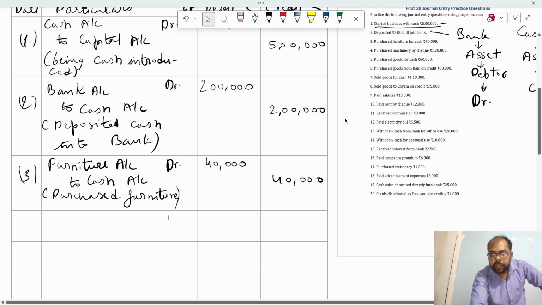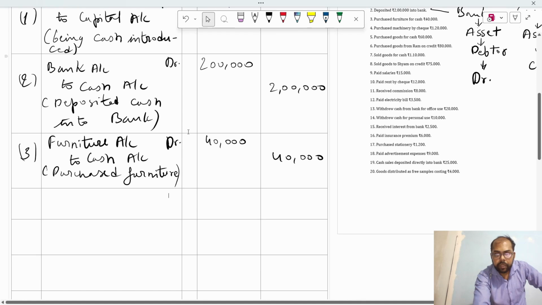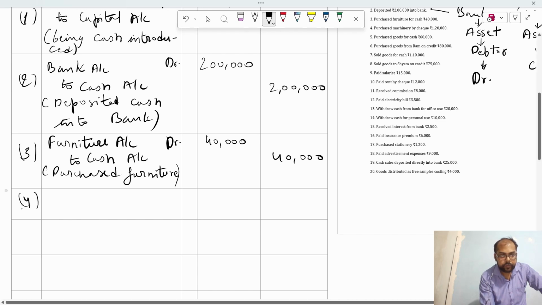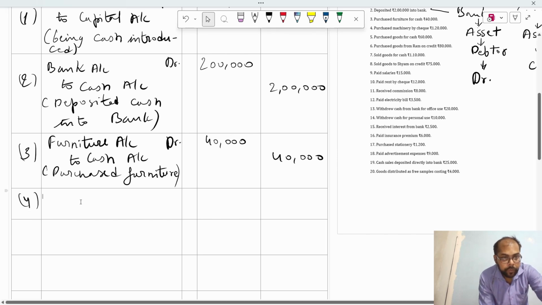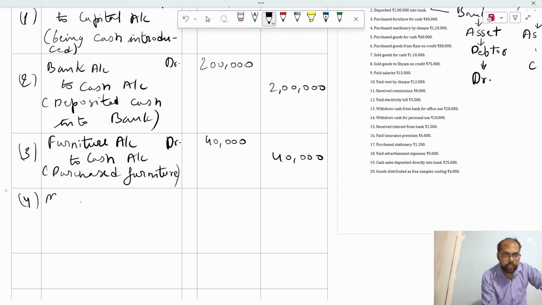Now, purchased machinery by cheque 1,20,000. So what is machinery? Machinery is an asset, and machinery is increasing. So machinery account debited to bank account.